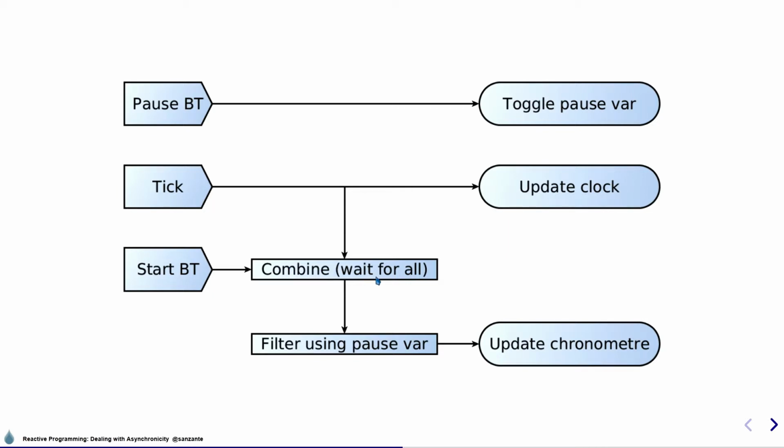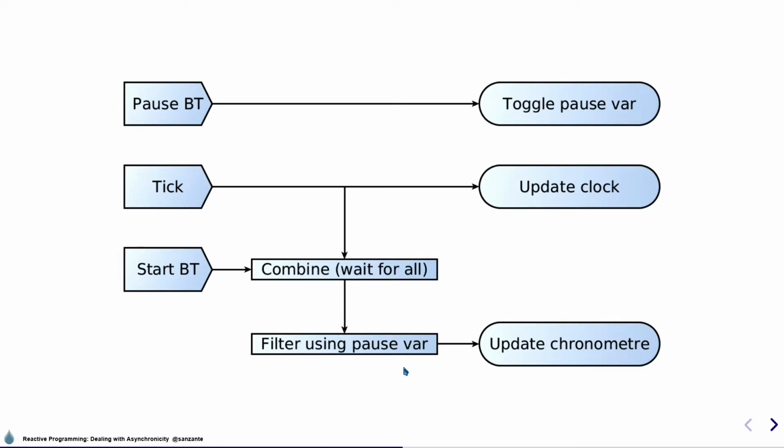So what is this doing at the end? It's just stopping the flow until the user pushes the start button. Okay. Because the ticks are going through this pipe and going to combine, but the user needs to click the start button to let the flow continue.